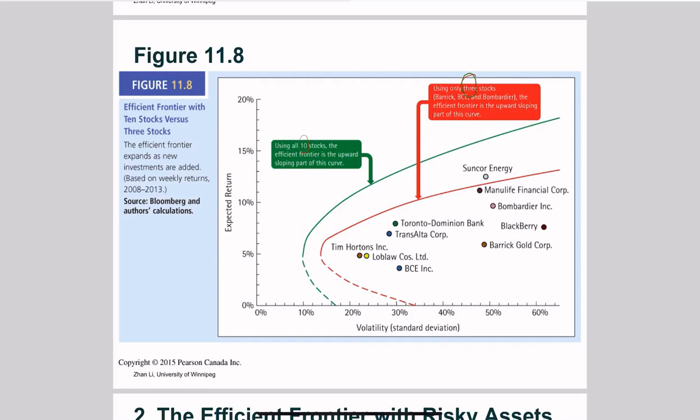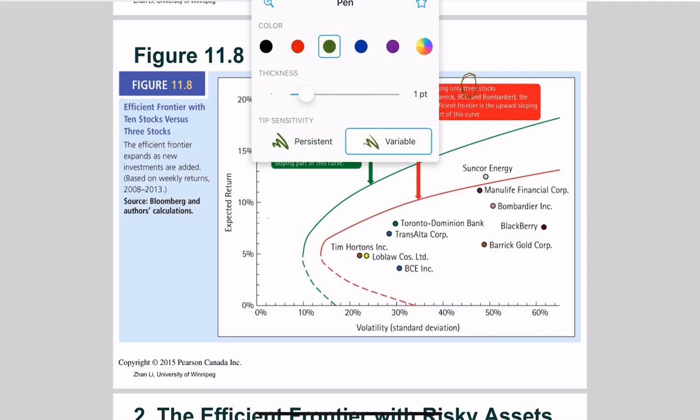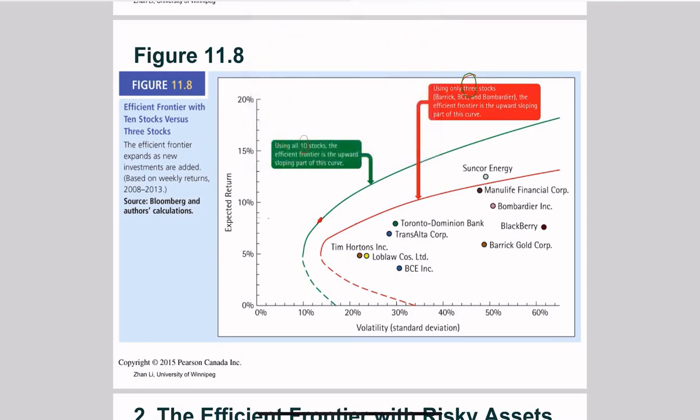Basically, if you compare these two portfolios, you can see that the portfolio on this green curve has the same return as the portfolio on the red curve, but its volatility is lower. So the green curve is a better efficient frontier. Oh, maybe I forgot to mention that these curves are called efficient frontiers. So basically, these are frontiers of efficient portfolios.